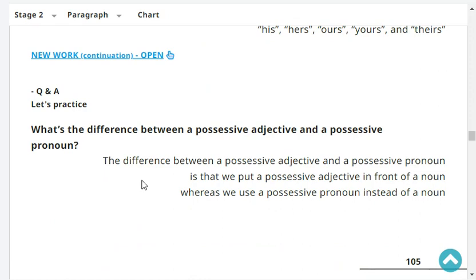What's the difference between a possessive adjective and a possessive pronoun? The difference between a possessive adjective and a possessive pronoun is that we put a possessive adjective in front of a noun, whereas we use a possessive pronoun instead of a noun.